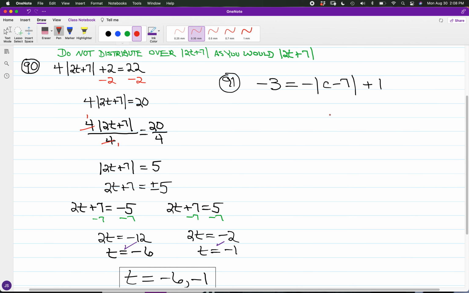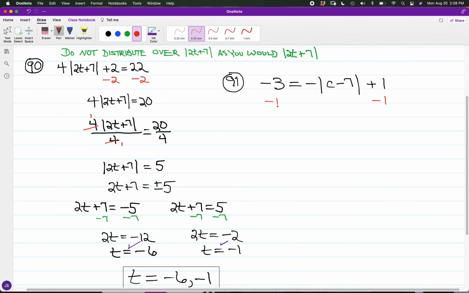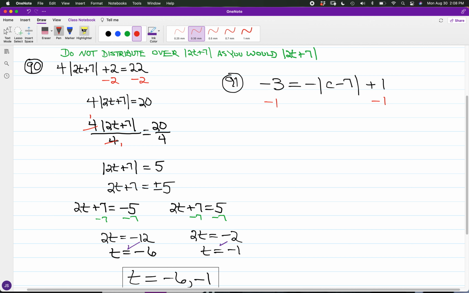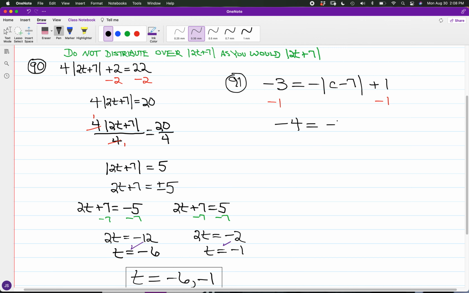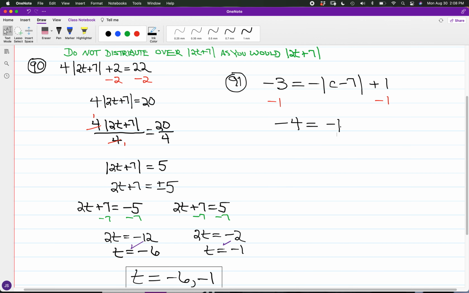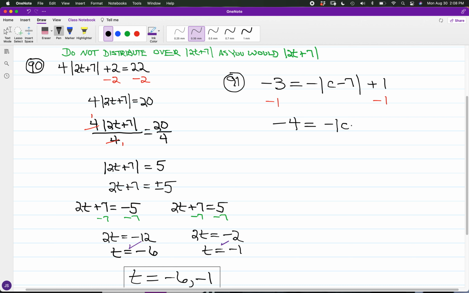And if we isolate, we can undo the addition of 1 upon taking this amount away from both sides. So at this stage, we have negative 3 minus 1, which is negative 4, and that is equal to the negative of the absolute value of c minus 7.